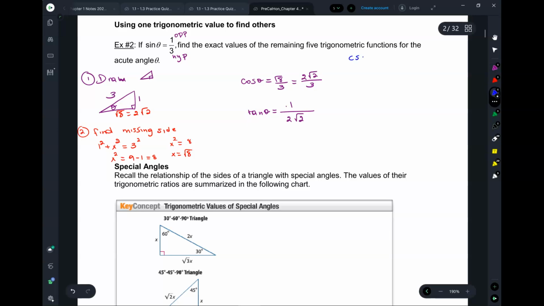So cosecant is 3 over 1, which is just 3. Secant is just this, and we leave it. And then tangent, 2 root 2 over 1, which is 2 root 2. You have to write the other C for this.